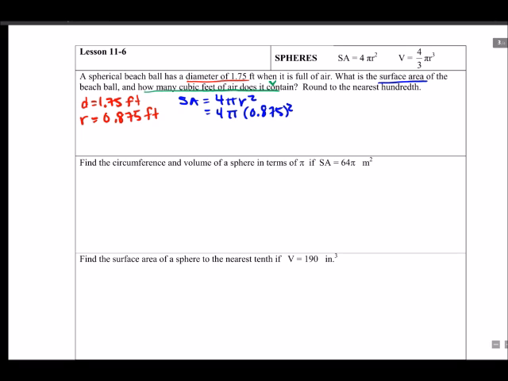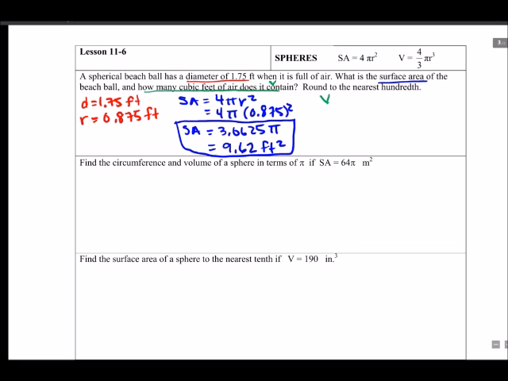And so surface area in terms of pi would be 3.0625 pi, or put that into our calculator, 9.62 feet squared of plastic to make the beach ball. It's a lot more than you would think for a relatively small beach ball.